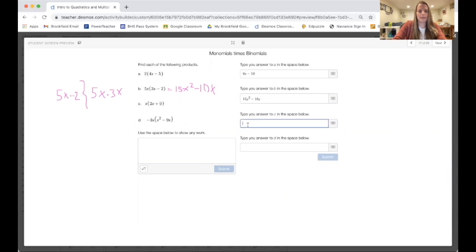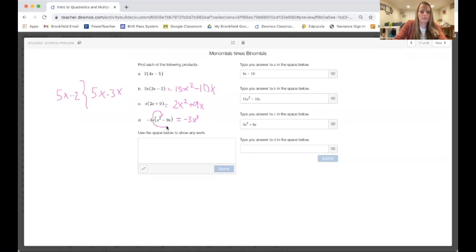X times 2x is 2x squared. And then x times 9 is plus 9x. And then the last one here, we're going to do negative 3x times x squared, which is negative 3x cubed.